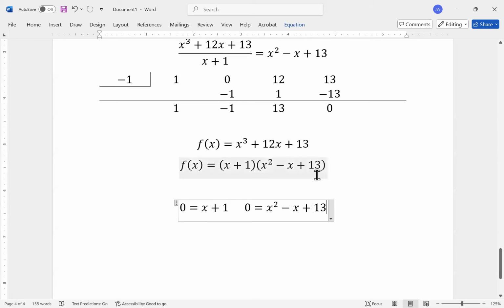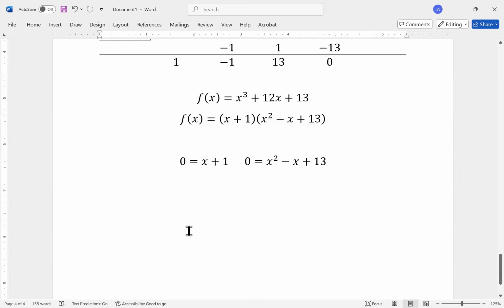So I look at factors of 13, none of those pairs add to -1, and so I'll just set 0 equal to that quadratic. And then obviously we're going to take x equals -1 as our first 0. Let me just write that down. That's the one I was given.